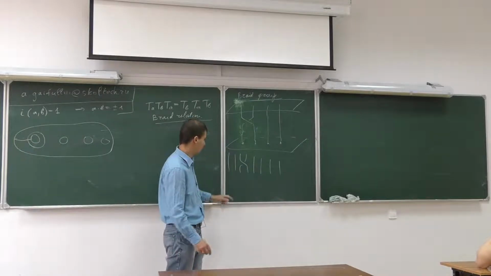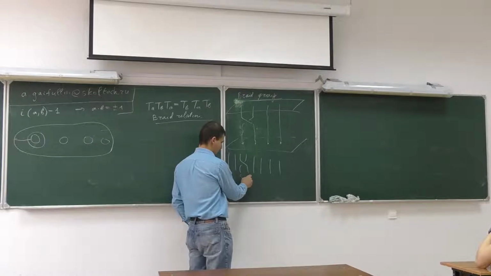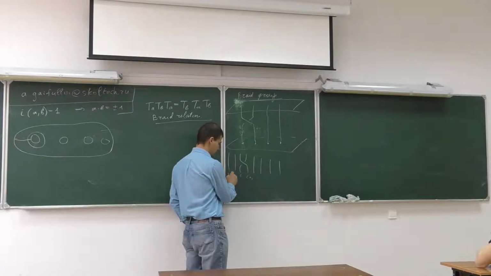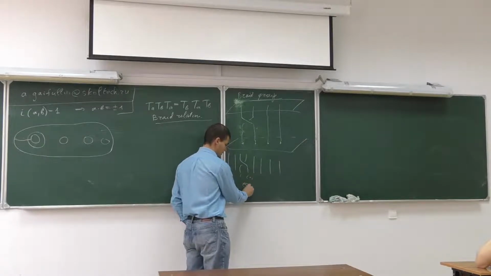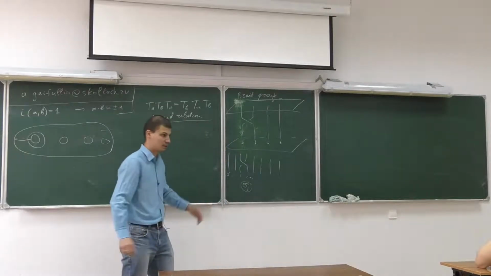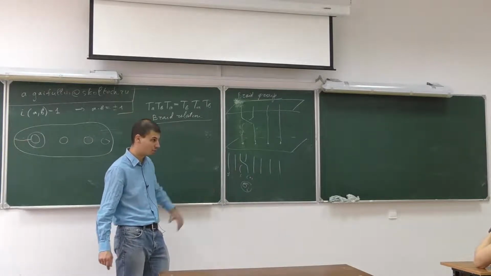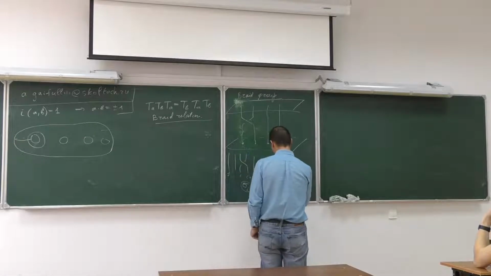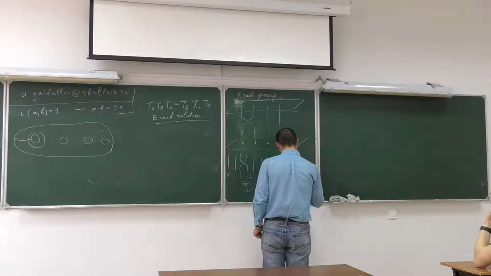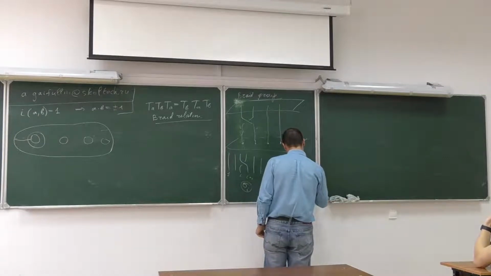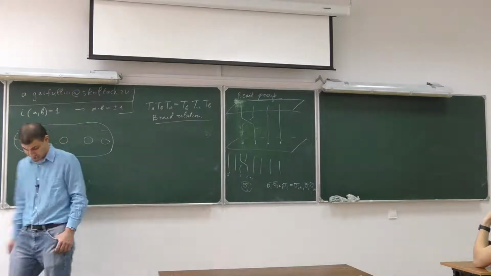If these are strands with numbers i and i plus 1, then this generator is sigma i, and the standard fact, which is just the third Reidemeister move, is that these generators satisfy this relation.